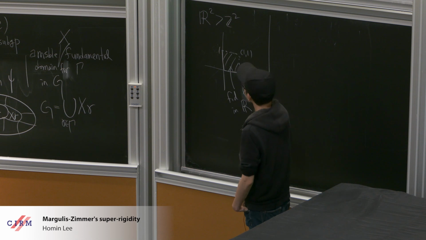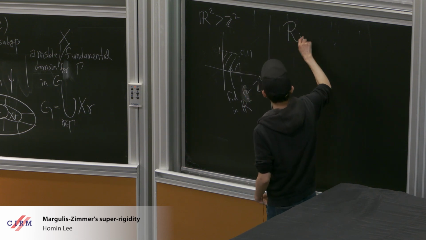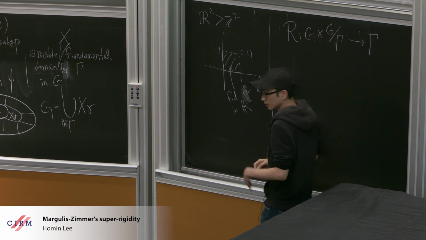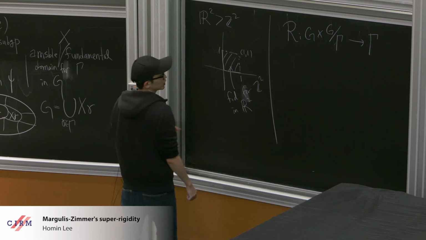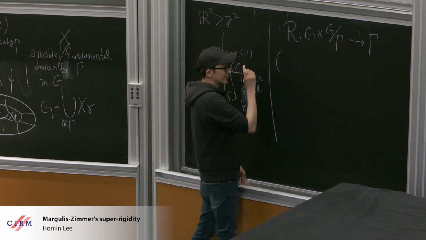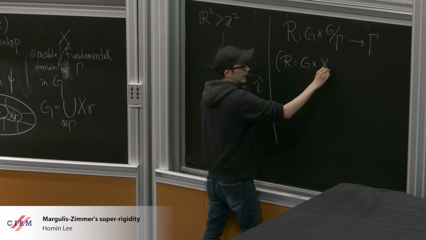And now I want to define a cocycle. I want to call it the return cocycle, which is the following. A measurable map from G times G mod gamma to gamma.